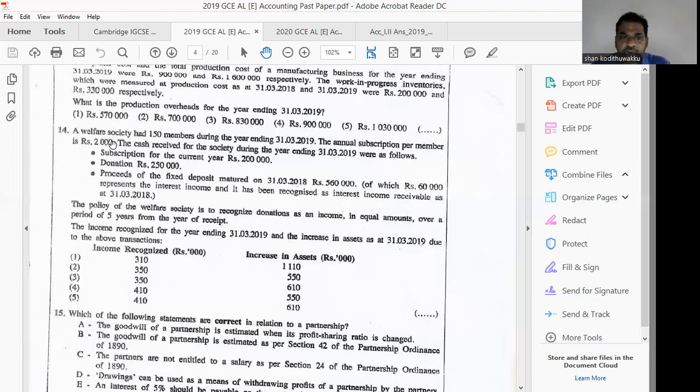What is relevant to the accounting period, we apply to prepare the income statement. Therefore, here 2,000 rupees per member, and we are given there are 150 members.